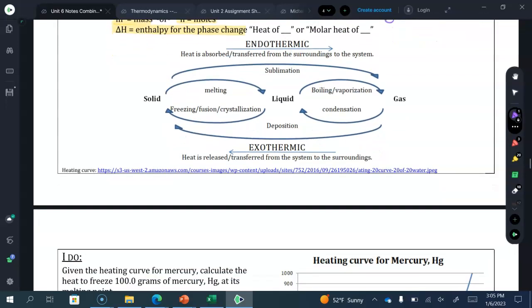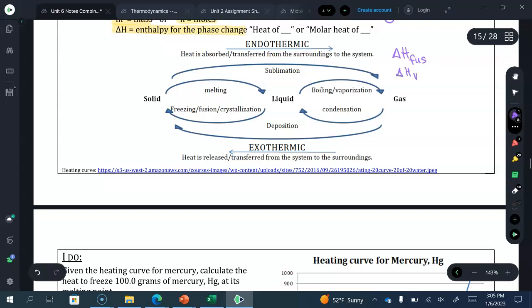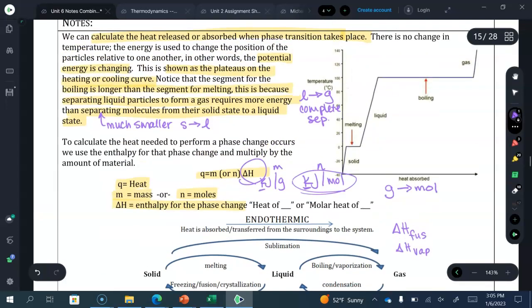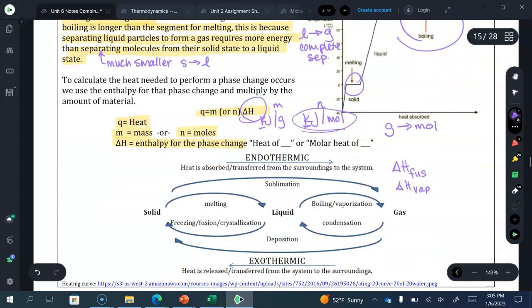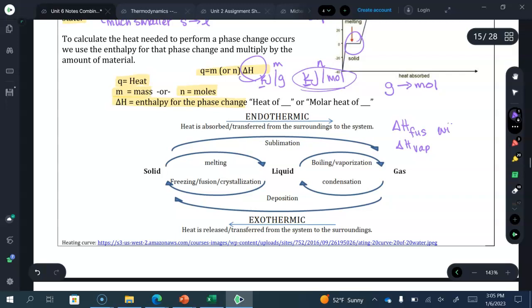Okay, so we are looking at this diagram where we see endothermic processes going across the top and exothermic processes across the bottom. Please note that endothermic processes are delta H of fusion and delta H of vaporization, which are the ones that are used here, vaporization and fusion. These values will be positive.